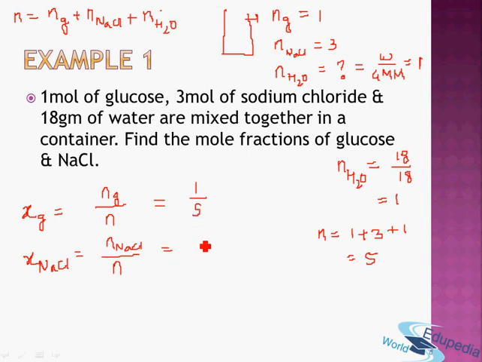Mole fraction of sodium chloride is 3 moles of NaCl divided by total moles, 5. So 1 by 5 and 3 by 5. We can also calculate mole fraction of water, but that has not been asked in the question. So we have simply calculated those of glucose and NaCl, and this answers our question.